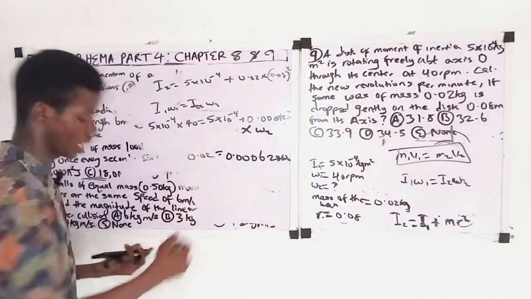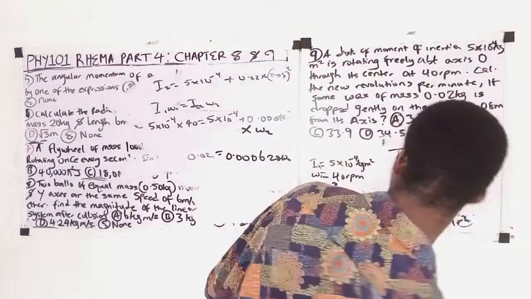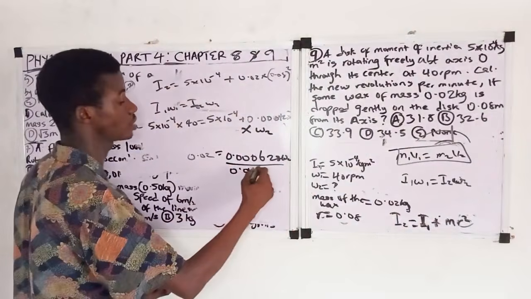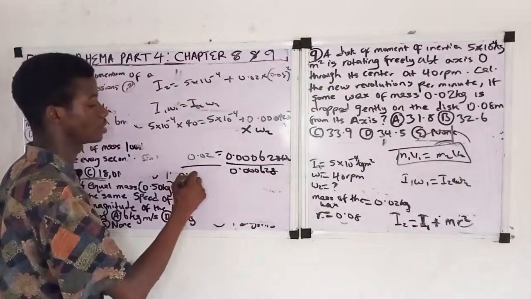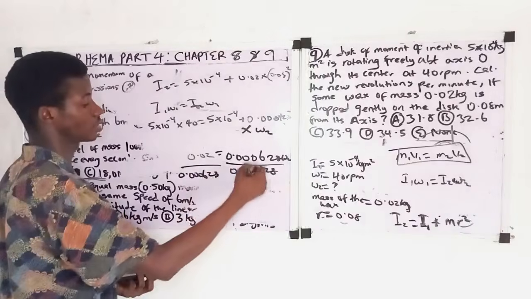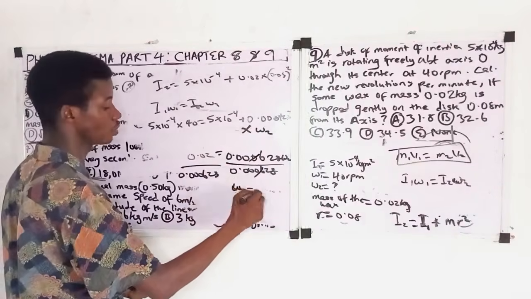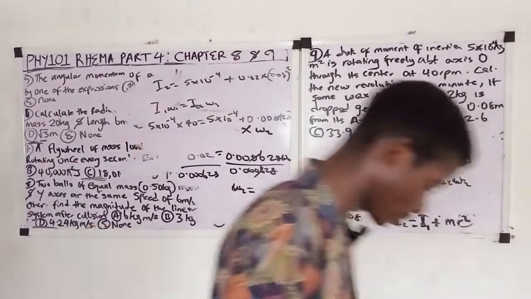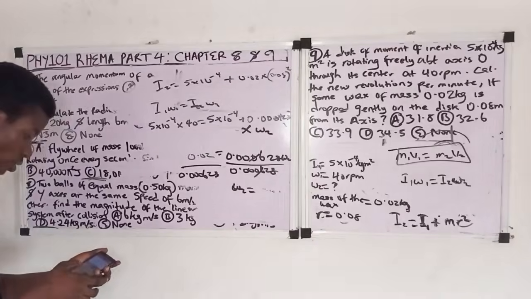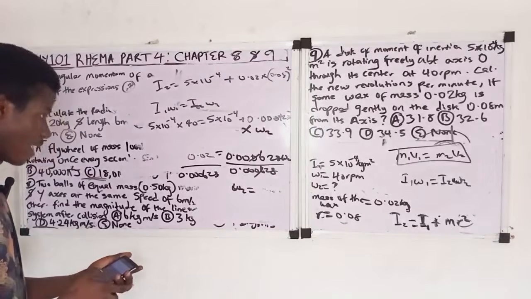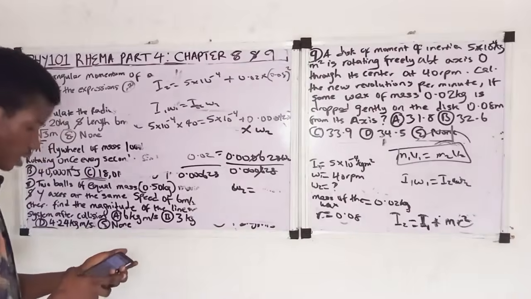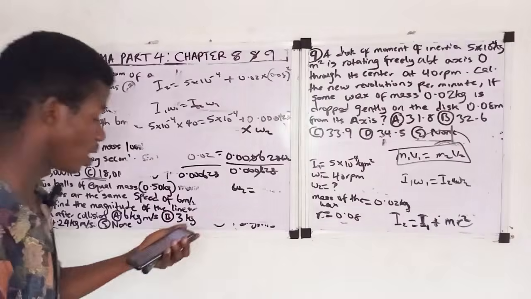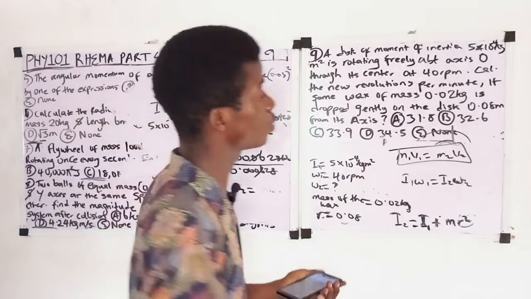Remember, I'm looking for W2, so I divide both sides by 0.000628, and this cancels. So W2 will be 0.02 divided by 0.000628. The answer is 31.84. So the answer will be A.